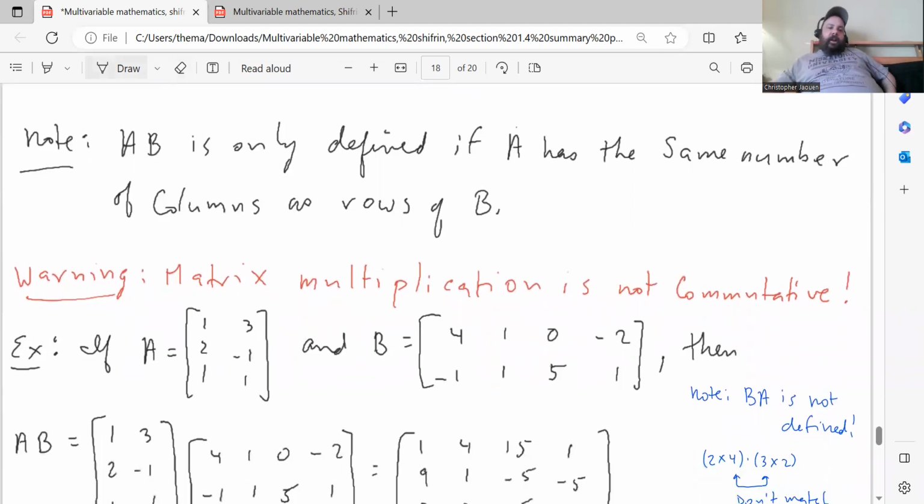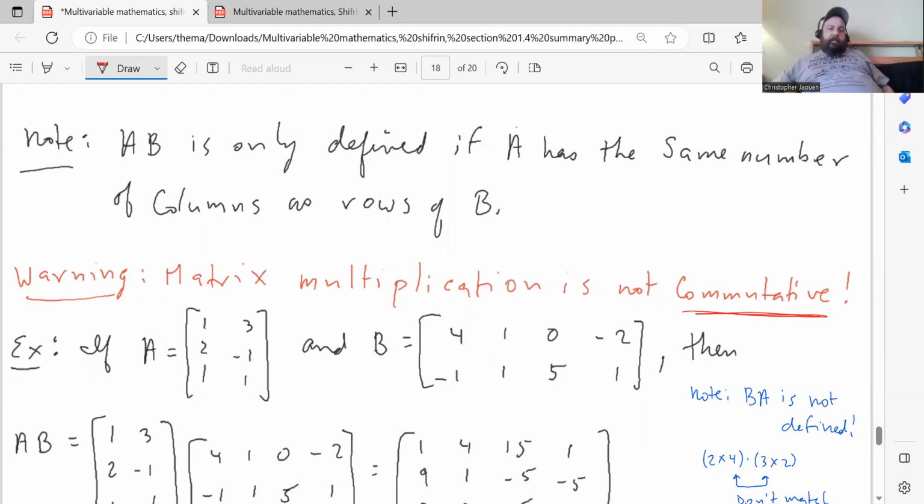And matrix multiplication is not commutative. There is an associative law for matrix multiplication, but no commutative law, which should be clear, because the way that we define matrix multiplication, it corresponds to composition of linear maps. And if you remember, composition is not a commutative operation.